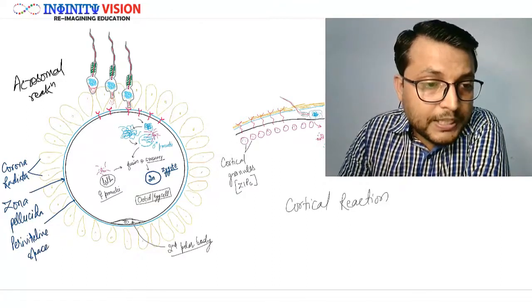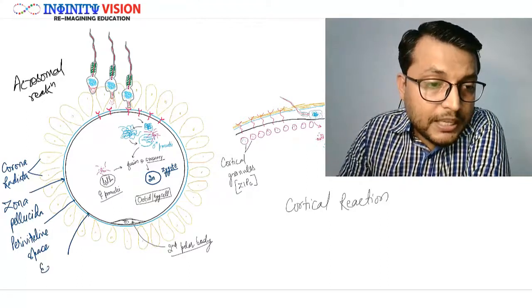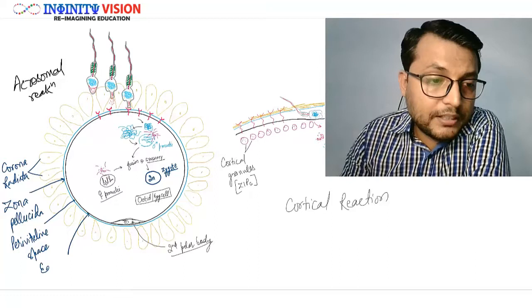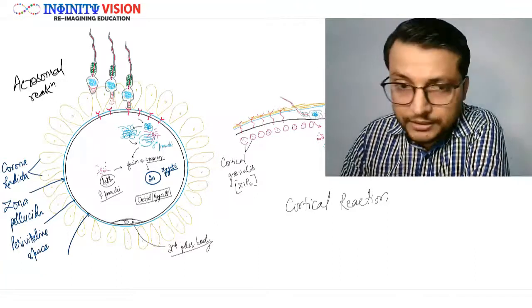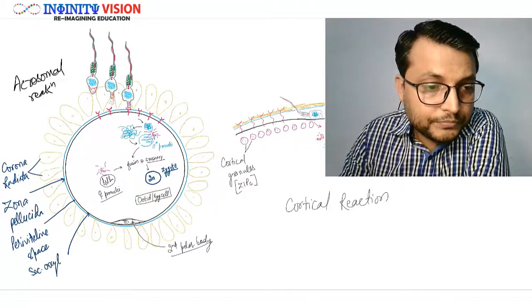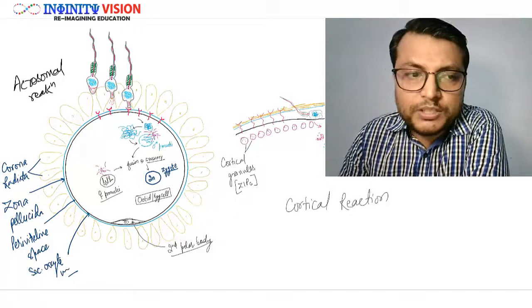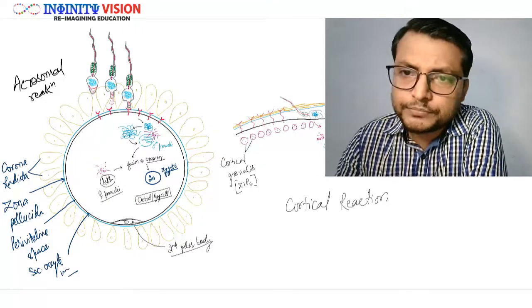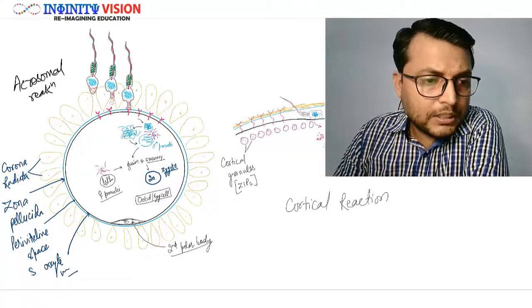Perivitelline space. And the black one is the secondary oocyte membrane, right? This was the structure. Great, you remember this. Now let's see what happens.